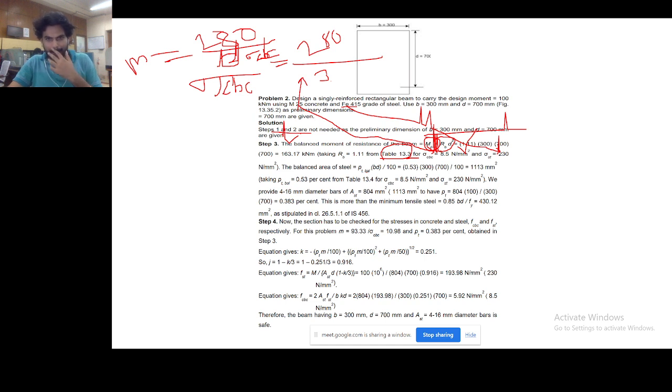Taking the balance 0.3 percentage from table 13.4 again, it is recommended to take 0.53 for the same values of sigma CBC and sigma ST. This is all given in that table. So we provided 4 bars of 16 mm dia.